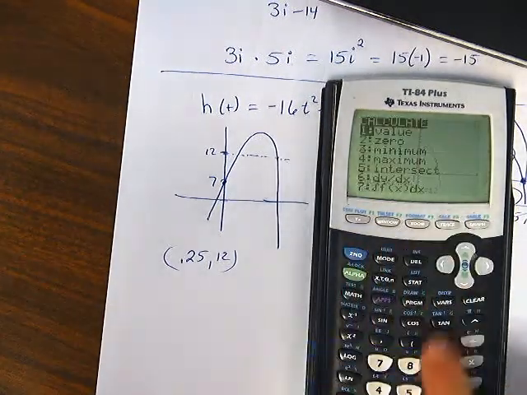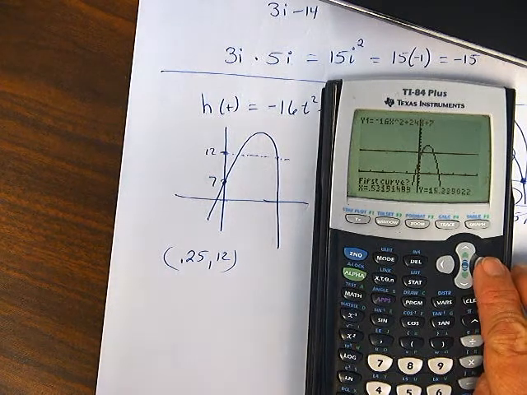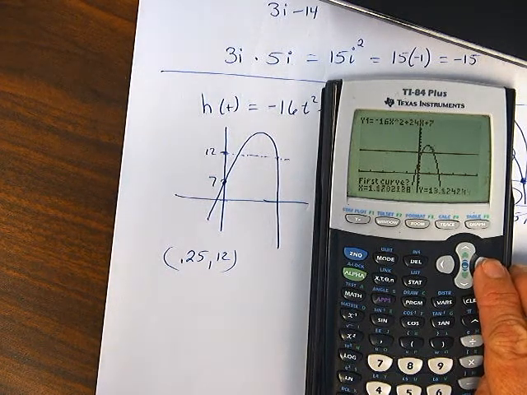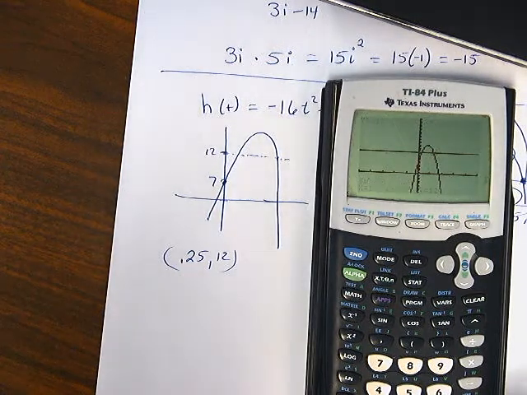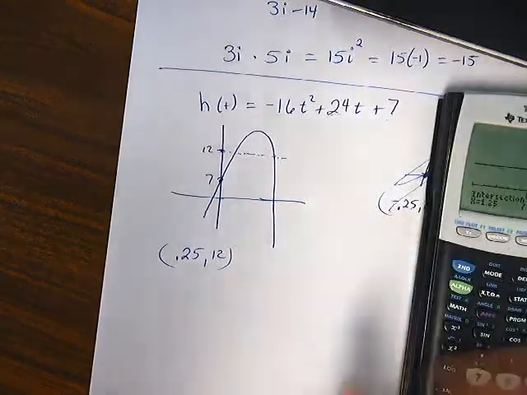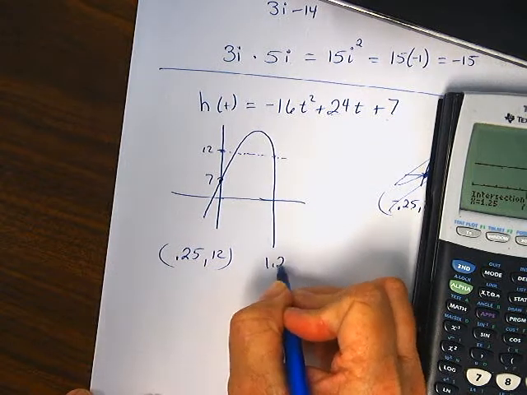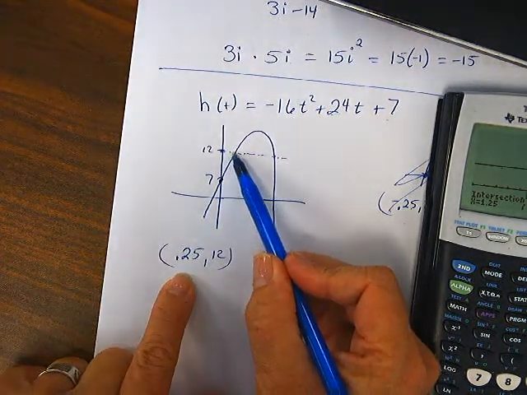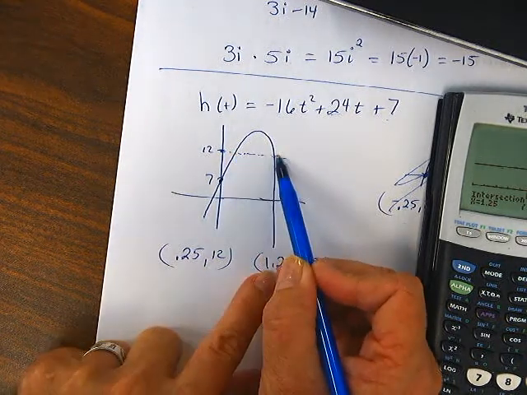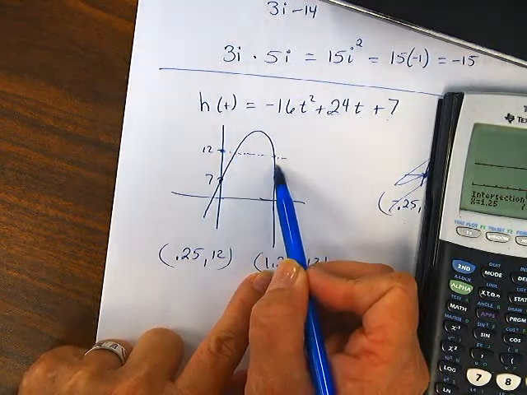So second trace, option 5. Move the right arrow key to the point we want. We want that intersection and enter 3 times. So at 1.25, comma 12. So at 0.25 seconds it goes higher than 12 feet, and at 1.25 seconds it comes below.